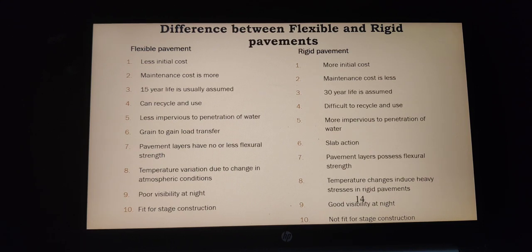And the temperature variation in flexible pavement is mainly due to the change in atmospheric condition, and the temperature changes may induce heavy stress in case of rigid pavement. And for vehicles riding at night, there is good visibility on rigid pavement compared to flexible pavement. Because flexible pavement's color is black, the visibility is very poor.